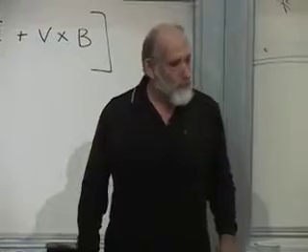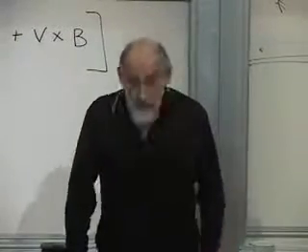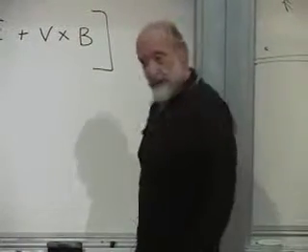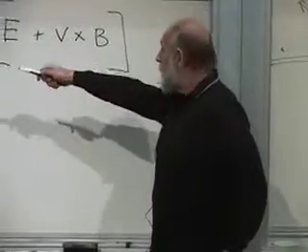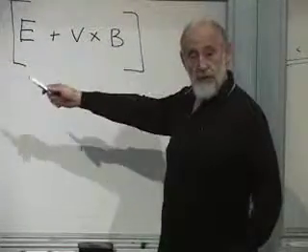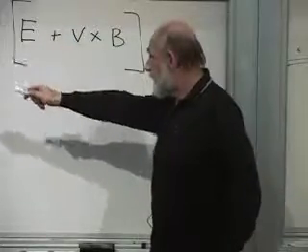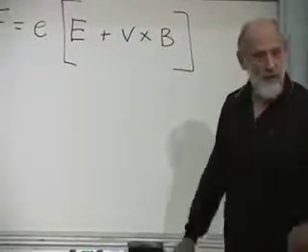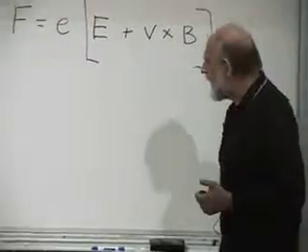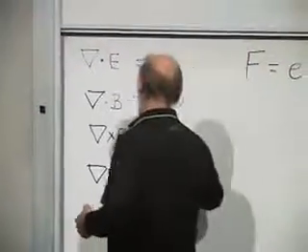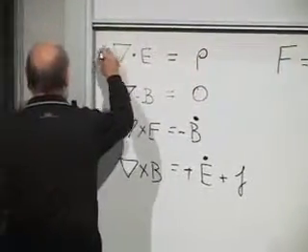So what do we need to do? We need to find ourselves a Lagrangian which, when we subject it to the principle of least action, will give us these 1, 2, 3, 4, 5 equations. Now, how many equations are there? There's a lot more than that. This is one equation. This is one equation. One equation.